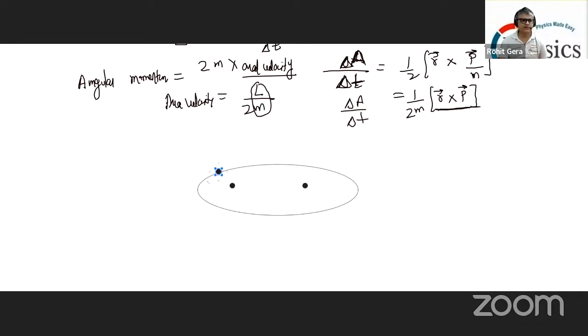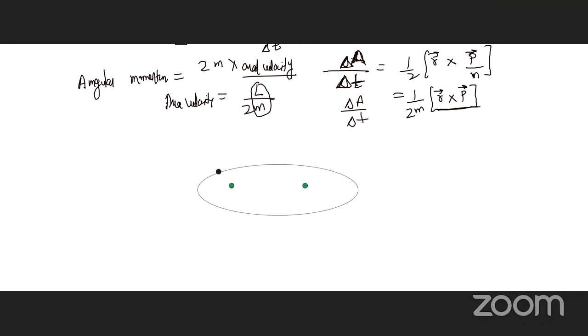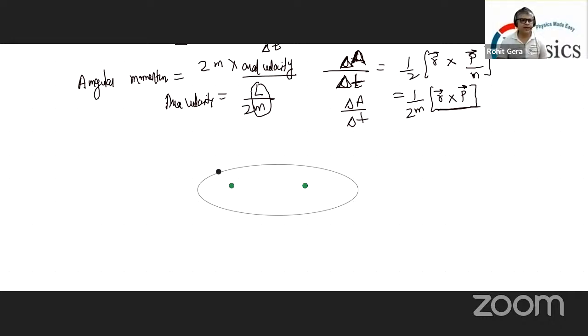These two are focus. Let me represent focus with different colors. The greens are the focus. Okay, focus. And the body is moving in an ellipse. Okay, and so the area which is swept by this body is this much.